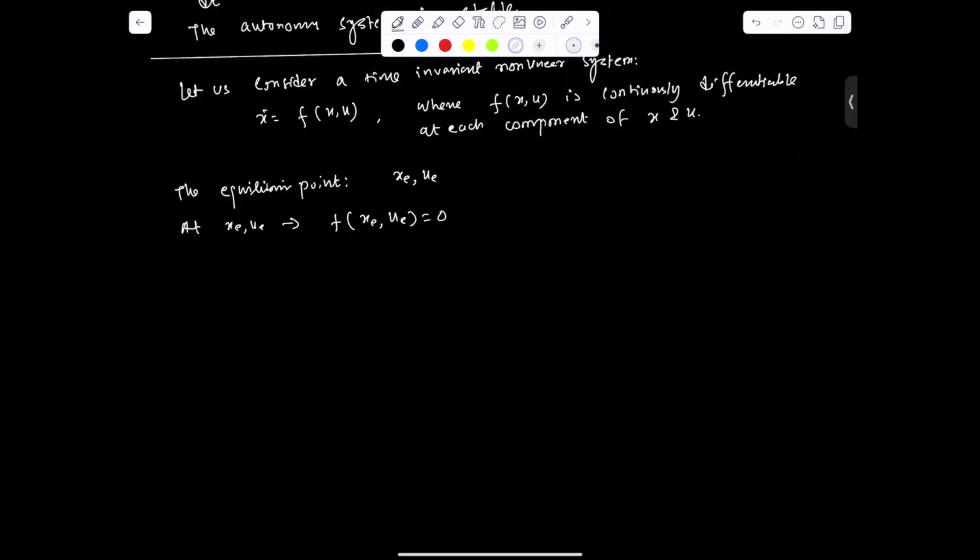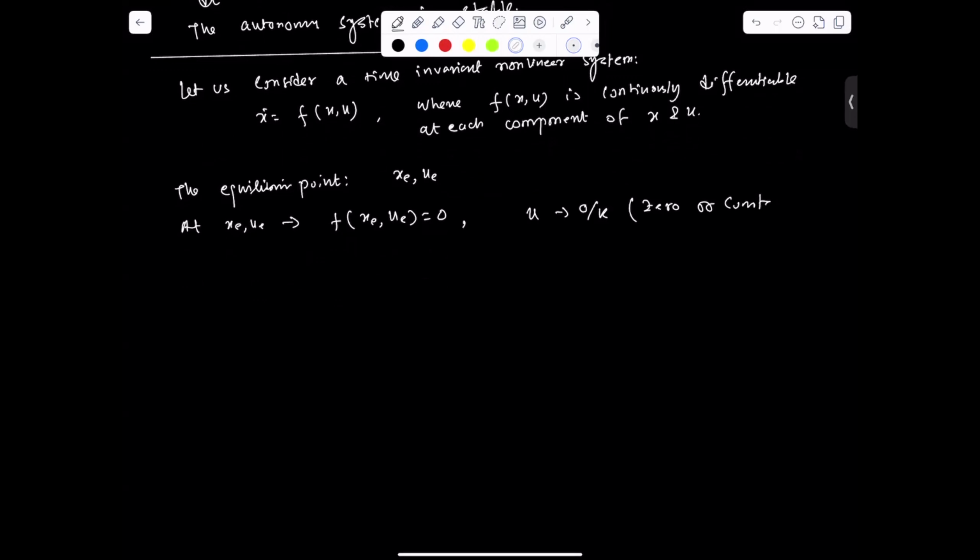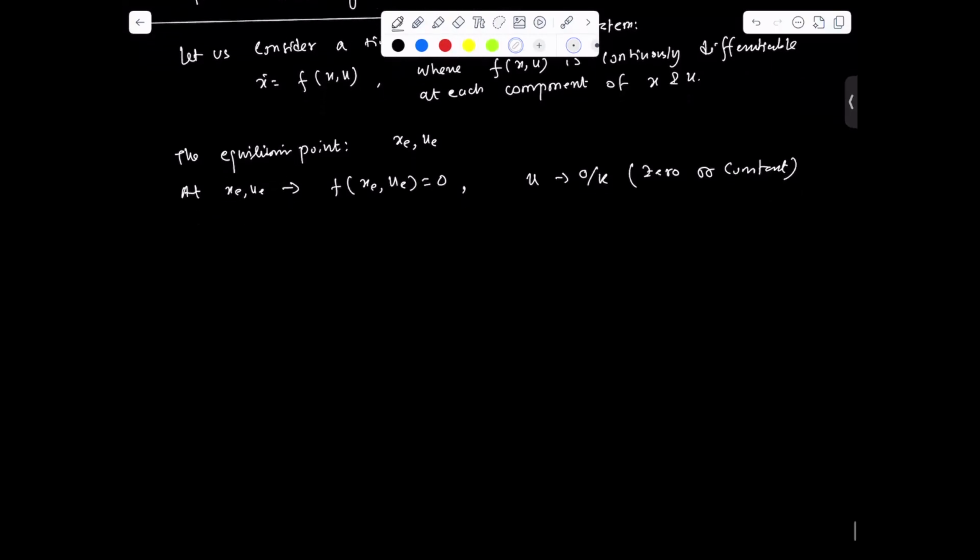And here the control u can be 0 or some constant value k. So some constant value we are applying if there is control, or else it is 0, an unforced system.